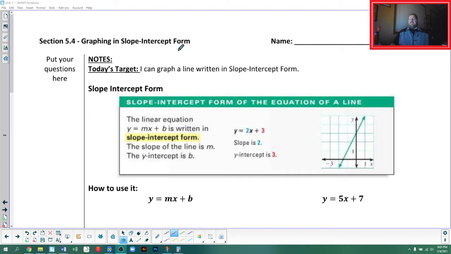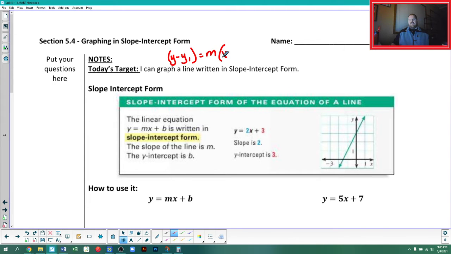So if we remember something like the point-slope form, where we had y minus y1 equals slope times x minus x1. If we have that form of the equation, we had to look at what the sign and the value was here, and remember that we're looking for the opposite of that.